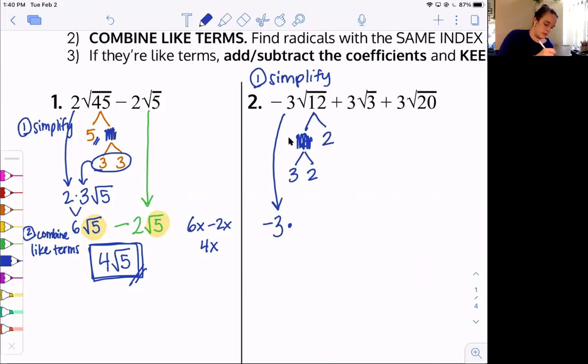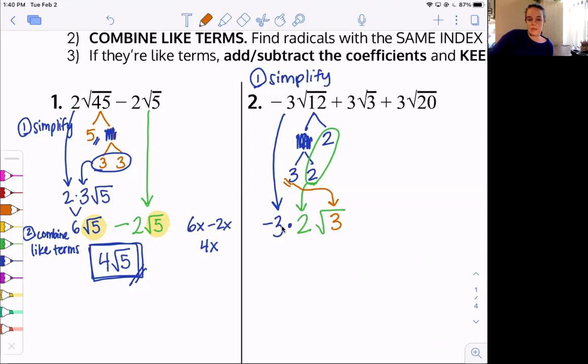Yeah, the twos. Absolutely, I have the twos here. So the twos can come to the outside. And then what's left over on the inside? Yes, this 3 is left over on the inside, right? It doesn't have any friends, so it can't come to the outside.